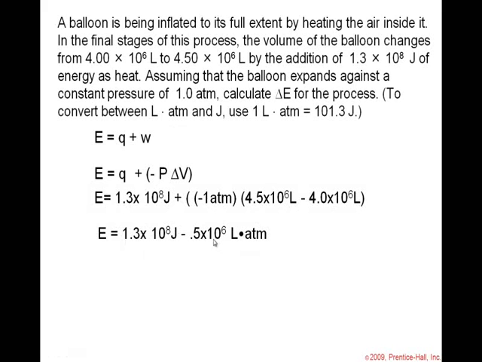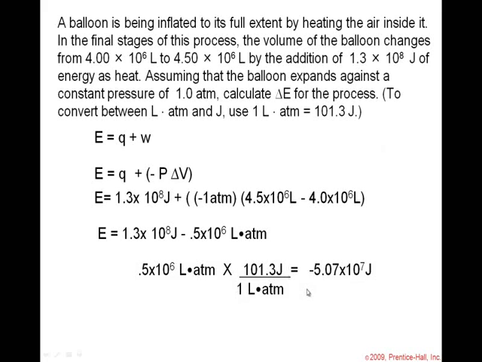Now their units are different, so I've got to get this liter atmospheres converted to joules, and it gives me a conversion factor right here to do that. 1 liter atmosphere is 101.3 joules, and when I do that, I end up with negative 5 times 10 to the 7th joules. It's important on these problems that you always indicate the sign of the energy.